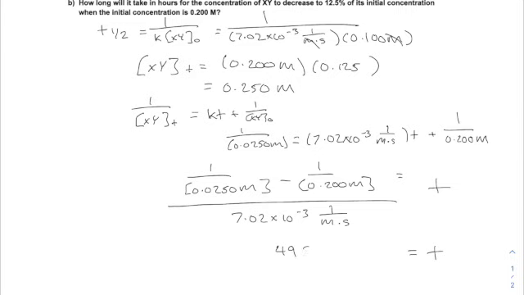So this is going to be given to us in seconds. So we're going to get 4,985.75 seconds. And since we know there's 3,600 seconds in an hour, divide by that to get our time in hours. So when that happens, we should get a final value of 1.38 hours.